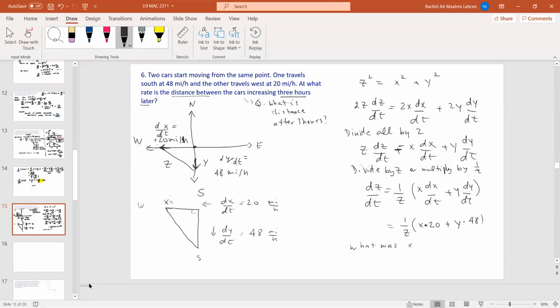And same question, what was the y at 3 hours? Hence, what is the z at 3 hours? So that's kind of the question we'll ask. If you have 20 miles per hour, at 3 hours, it should be 60 for x.